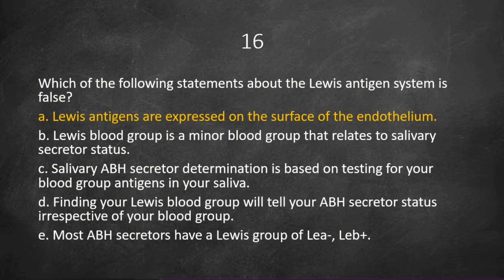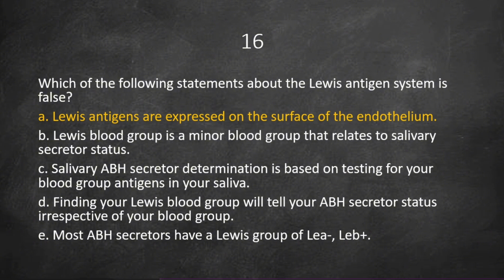Okay, so that's about that one. Then C, it says salivary ABH secretor determination is based on testing for your blood group antigen in your saliva. Very true. So salivary secretor status is determined by testing for the presence of ABH antigen in saliva.